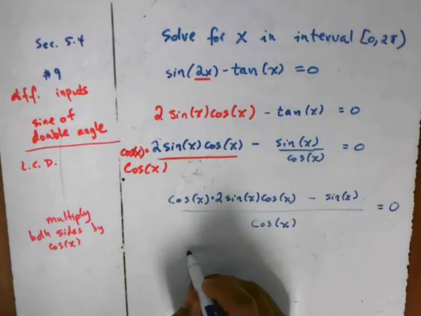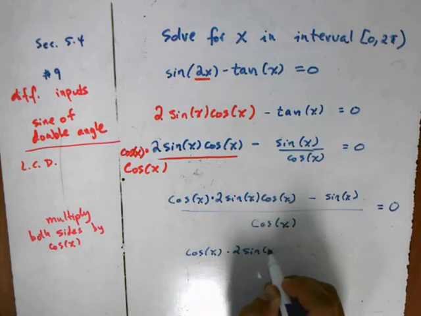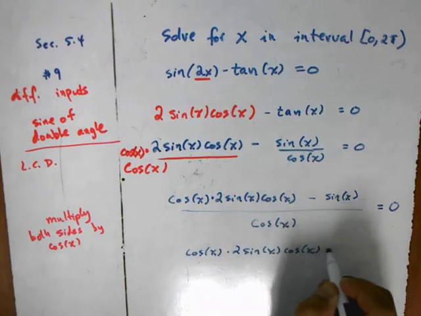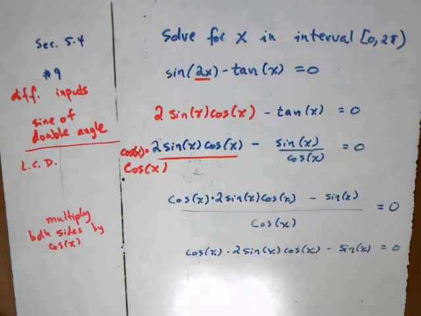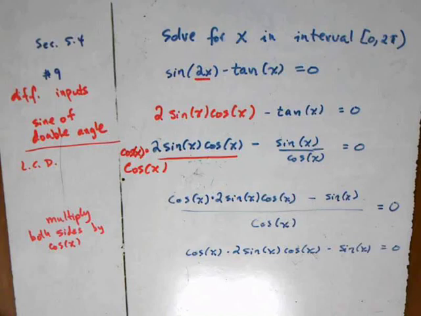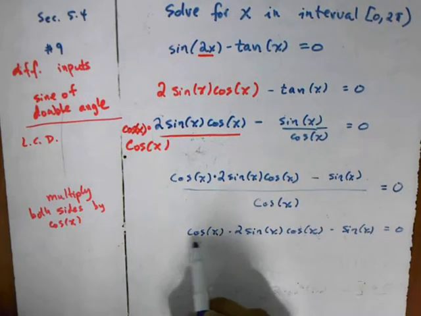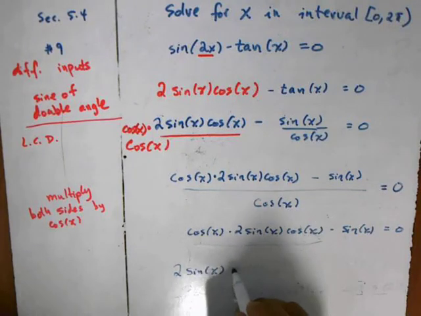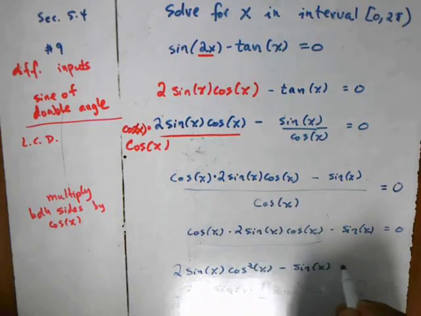I'm going to have cosine x times 2 times sine x times cosine x minus sine equals 0. There's some work I can do to simplify everything. This whole thing turns into 2 sine x cosine squared x minus sine of x equals 0.